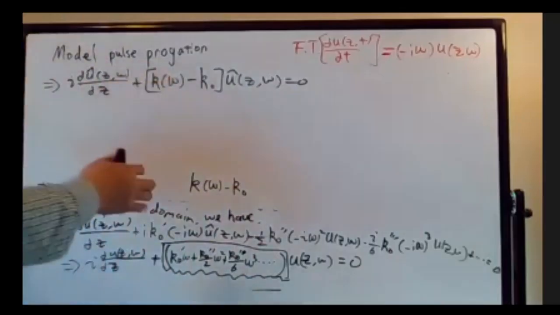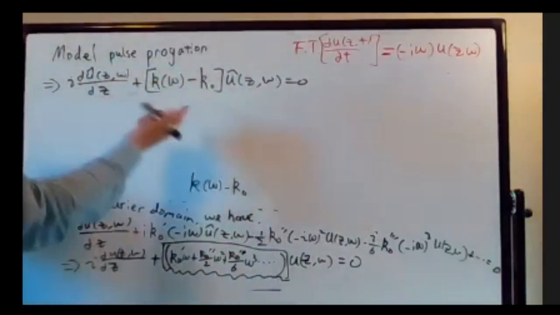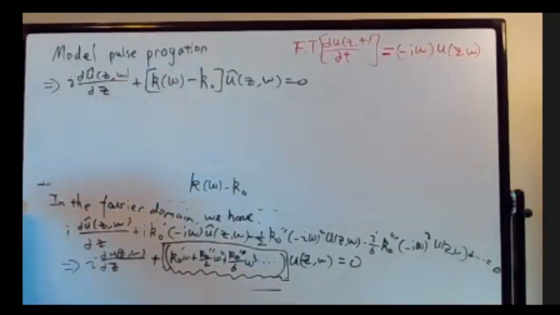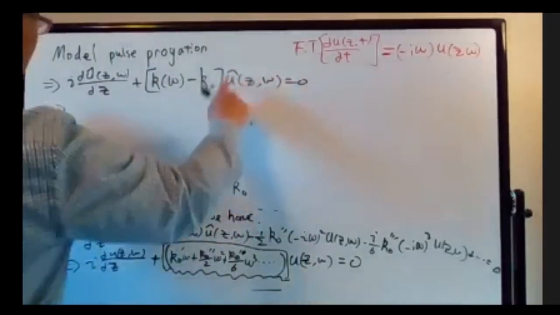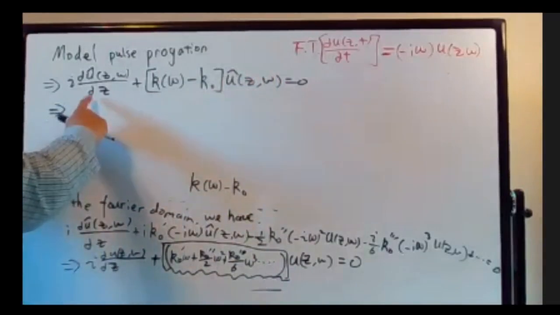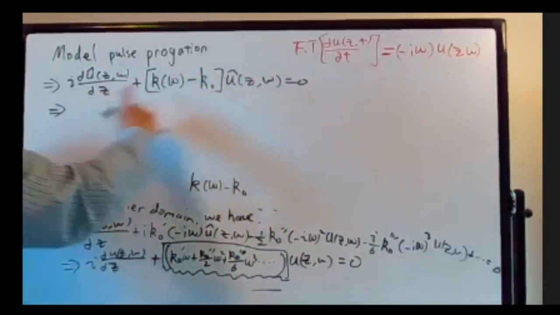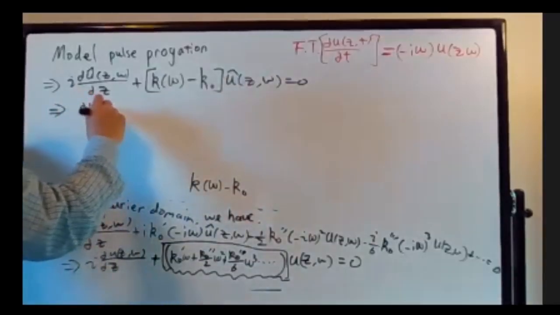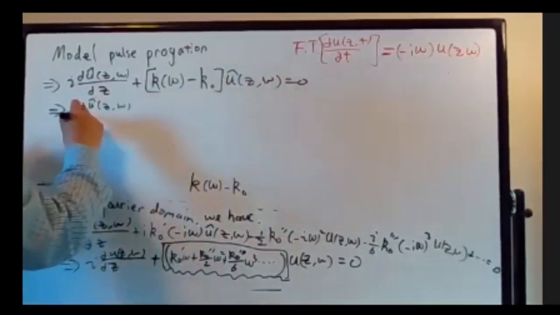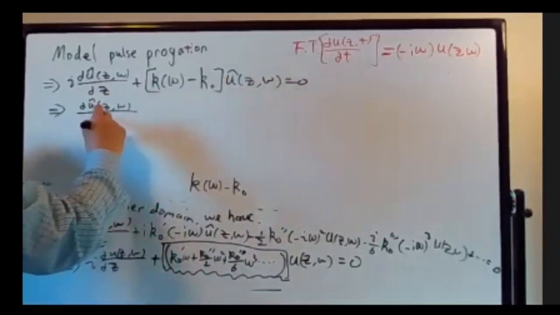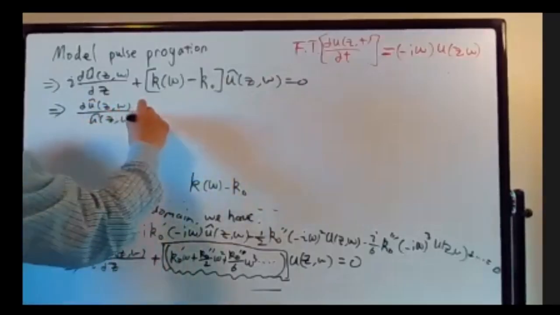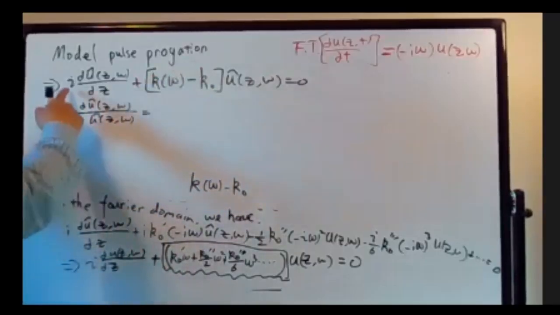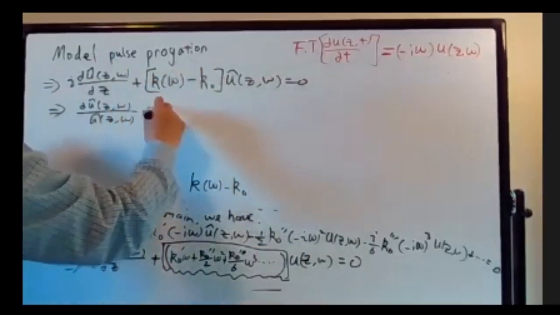Good. Now next we will solve this equation, right? We will take a partial derivative and move this u hat on the left hand side, dz, partial z to the right hand side, right? So it's the partial u hat z omega divided by u hat z omega, and on the right hand side it becomes negative since I moved the I, so it becomes positive.